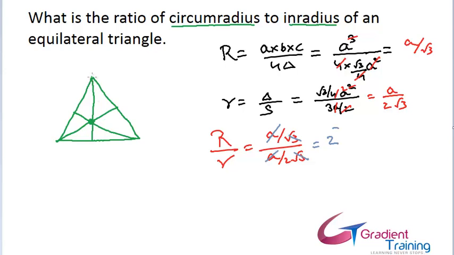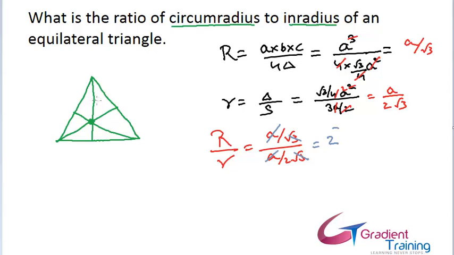The same common point is also the point where all the medians meet. The same common point is also the point where all the internal bisectors meet. So therefore this point is the centroid, is the incenter, as well as it is the circumcenter.